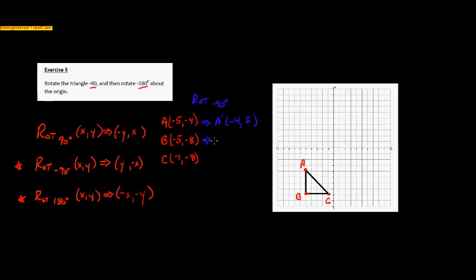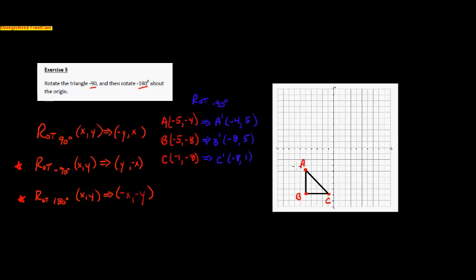Point B becomes negative 8, and it negates the 5 again, so it gives me a positive 5. And C prime is going to go to negative 8, comma, and it's going to be a positive 1.